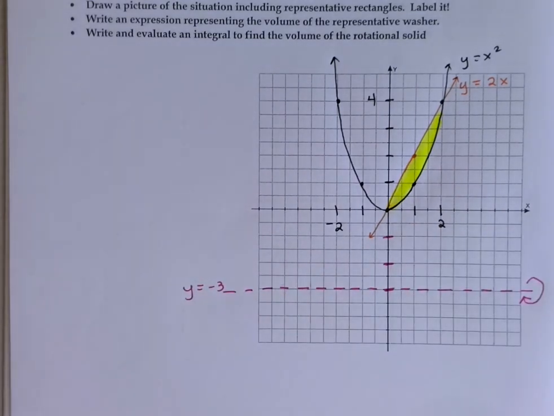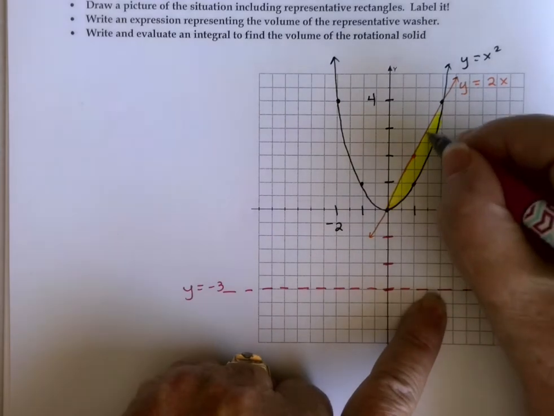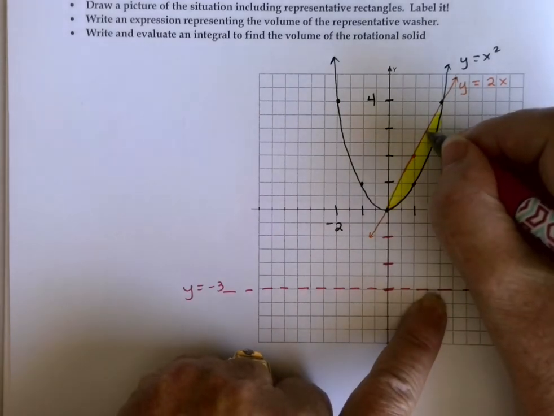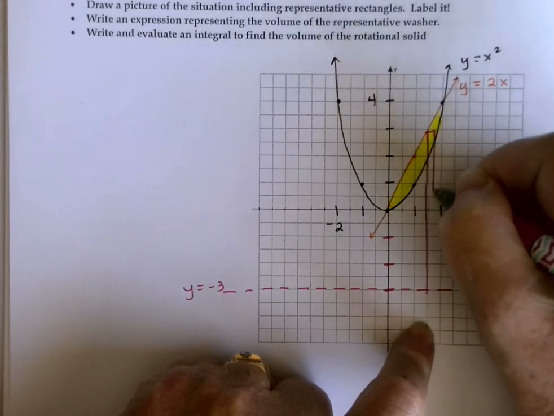All right, so when I go to draw my representative rectangles, I always have to start at the axis of rotation. And for capital R, I'm going to go all the way to the further graph, which would be the line. So my capital R is all of this.